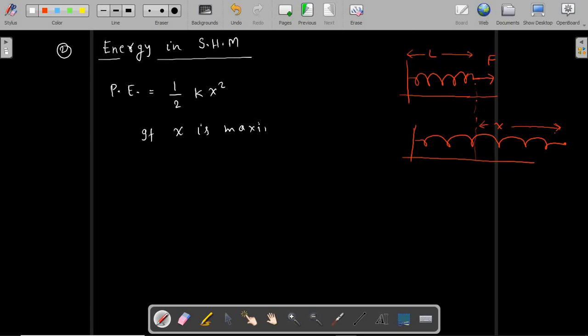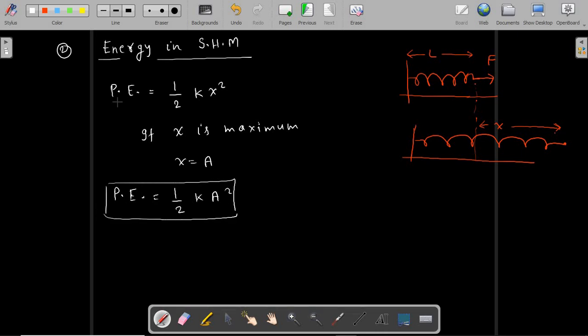If x is maximum, meaning the maximum displacement possible, then x will be equal to A. Then P can be written as half k A square. Getting my point?